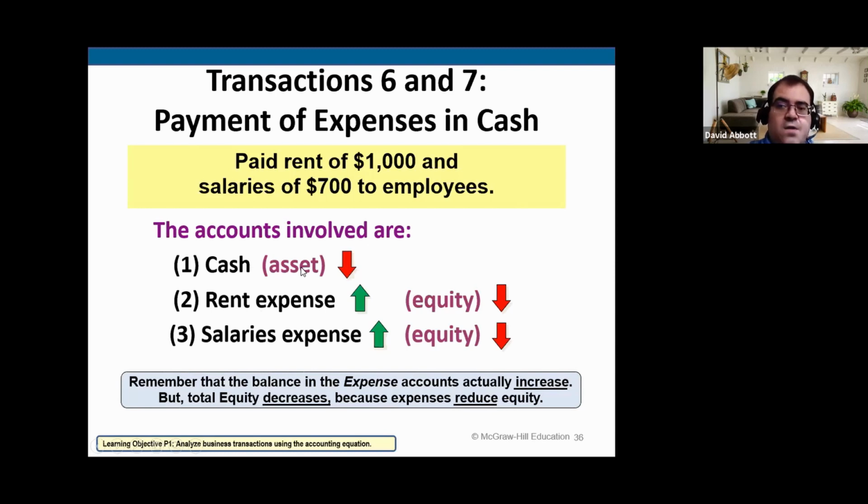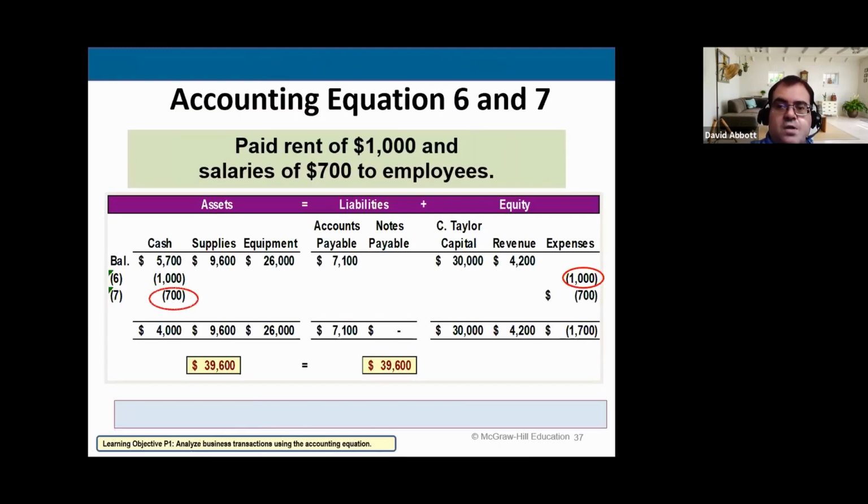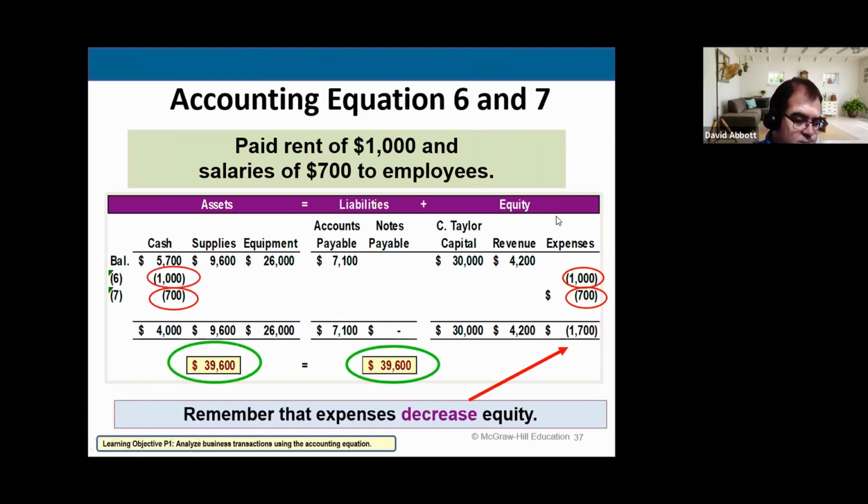So cash would go down, and then rent expense and salaries expense would go up. So in this case, we would debit rent expense and salaries expense, we would credit cash. So if we look at it this way, we see that we paid $700 and $1,000, and then our expenses went up by that amount. And notice we're still in balance. And remember that expenses decrease equity.